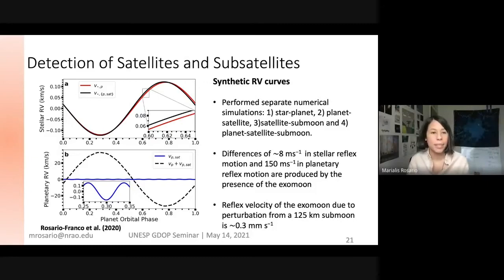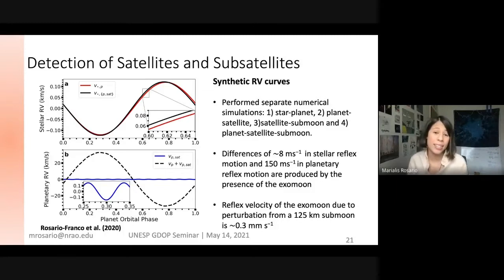So this is what we can see in both panels on the left, where at the top we address the stellar reflex motion. At the bottom we address the planetary reflex motion. And for the top, we have in red the stellar reflex motion due to the presence of the planet only. And in black, we see the reflex motion due to the presence of both the planet and the satellite.